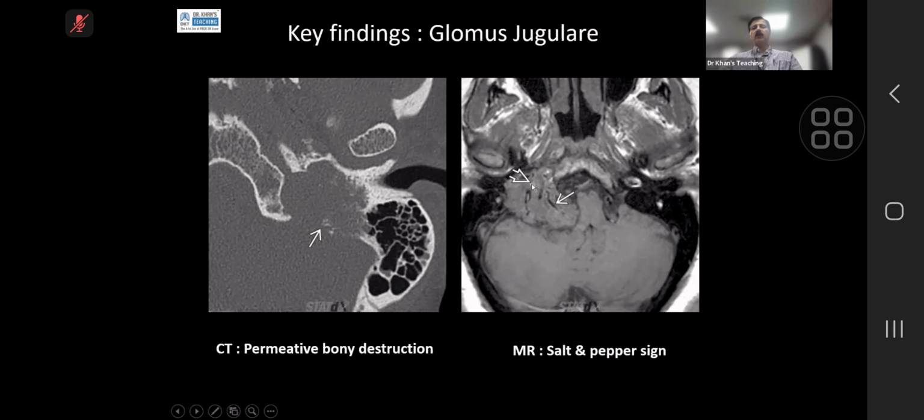You might see some micro hemorrhages, which are high signal on T1, and you can see filling defects because these are very vascular vessels which have high velocity flow, which appear as low signal. Salt and pepper sign on an MR, on a non-enhanced T1. Same thing you can see in carotid sheath, as I have told you. And on a CT scan, you can see this bony destruction.